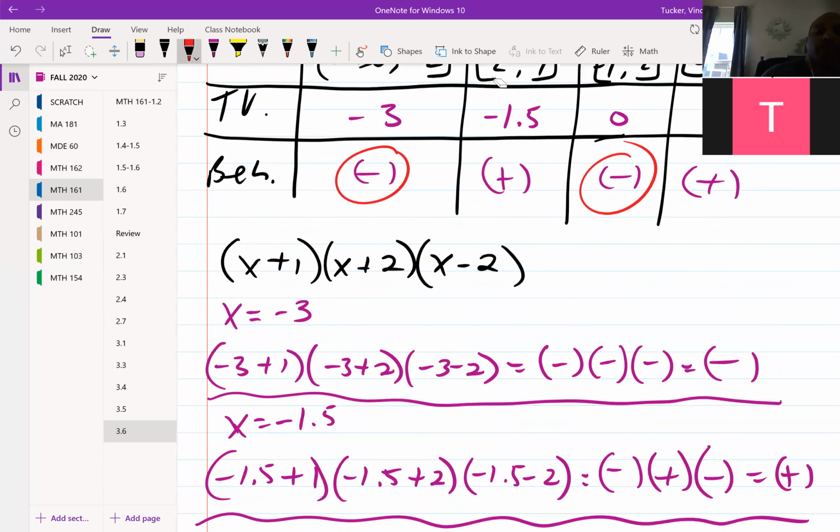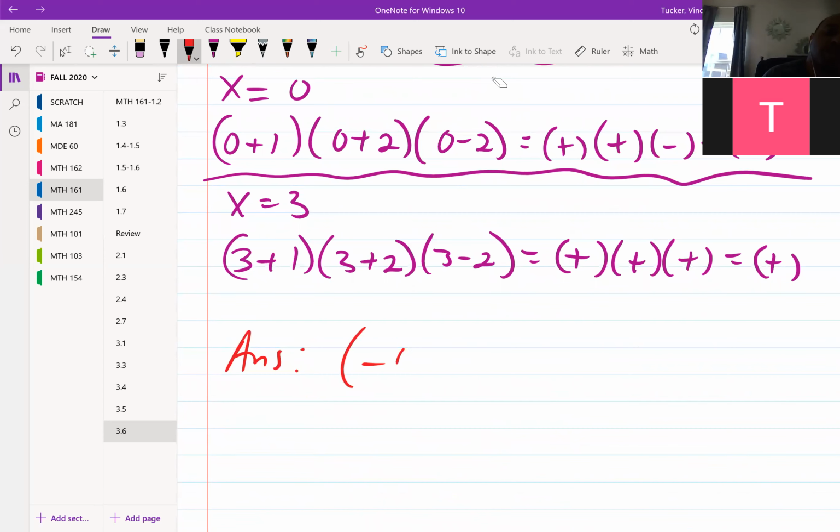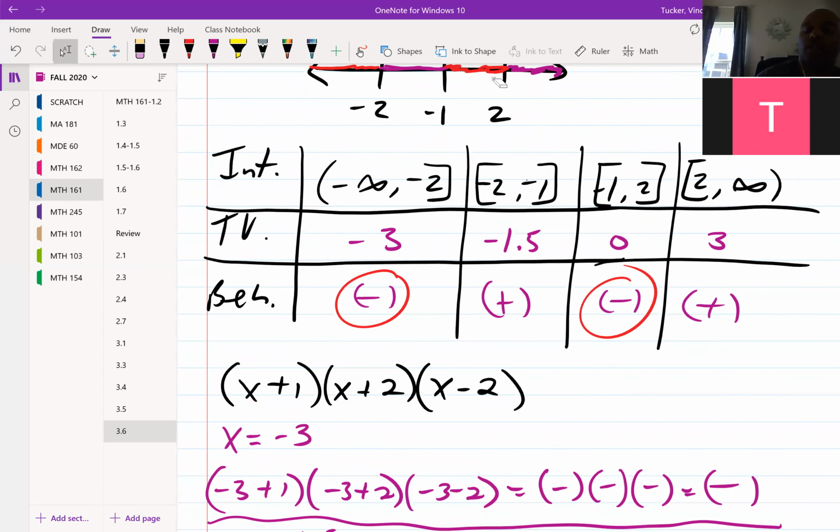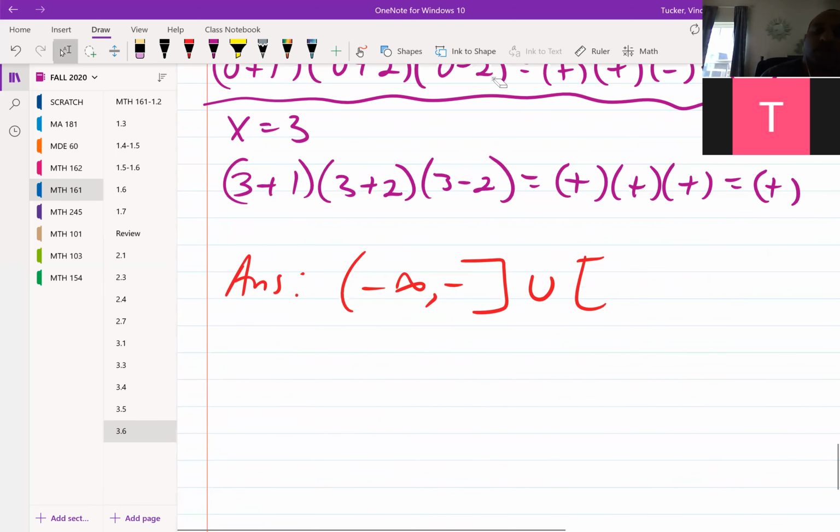So our answer is negative infinity to negative 3, oh, negative 2, I'll put a 3. Negative 2, and negative 1 to 2. All right, so that'll be our answer.